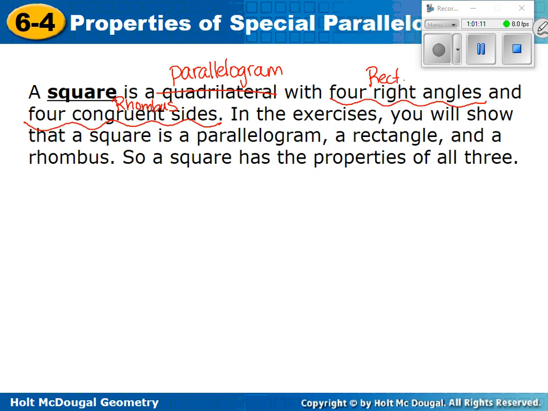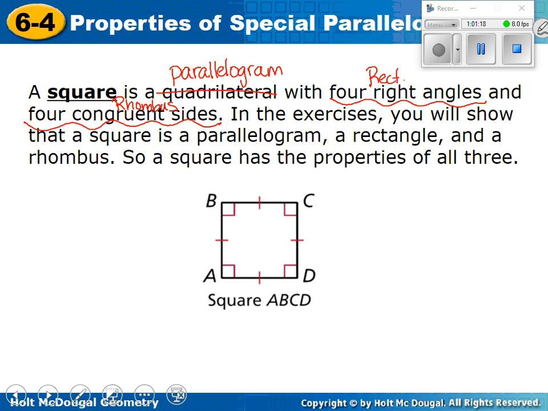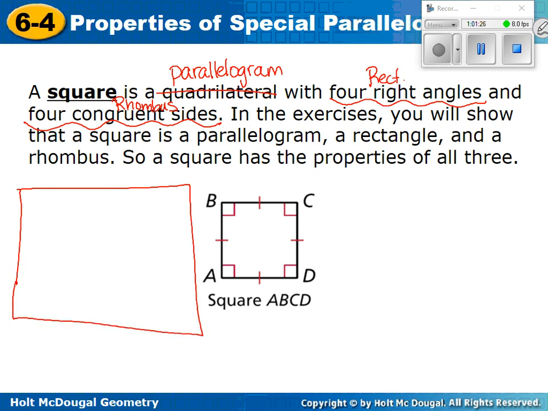Okay, I want you to draw a Venn diagram on your paper real quick. On your notes, wherever you want, draw this with me. So draw a box. We're going to write in our box, quadrilaterals.